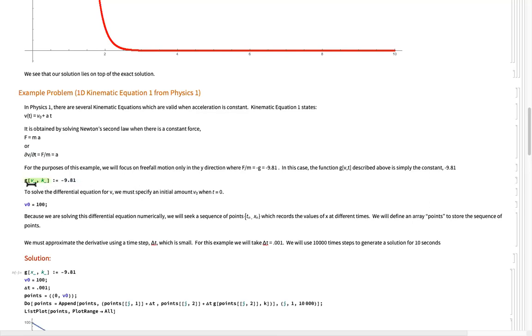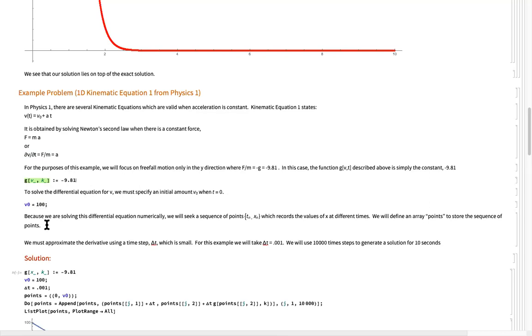So for this problem, that right-hand side, we're just going to take g. It could have been a function of velocity and k, so we left it as a possibility, but in actuality, for this example, we're taking this to be negative 9.81, just a constant. And then to solve this for v, we have to specify an initial value and an initial time.